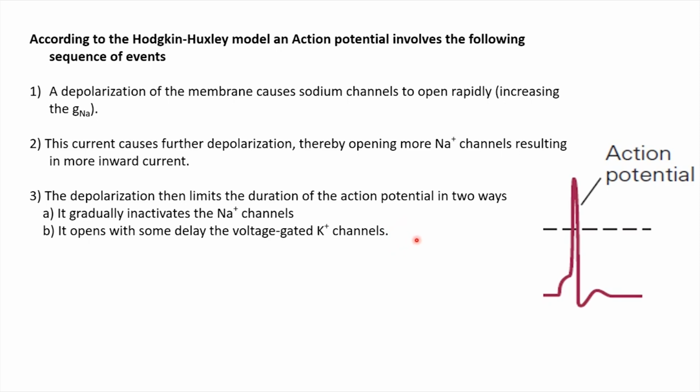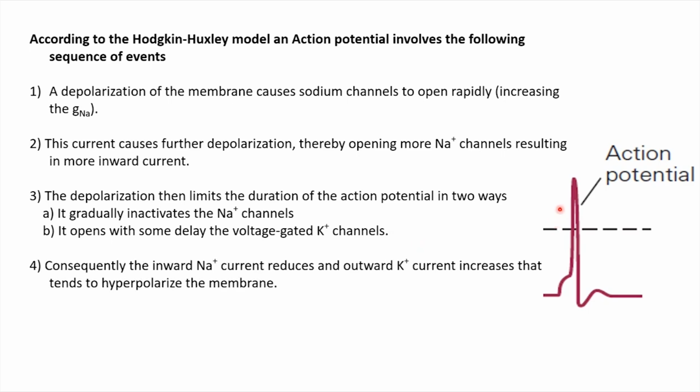As this happens, the membrane potential stops increasing and then eventually starts to fall. And then we see a very rapid fall in the membrane potential. So this is what causes this sharp rise and then a sharp fall. The rising phase is because of the sodium ions and the falling phase is because of the potassium ions.